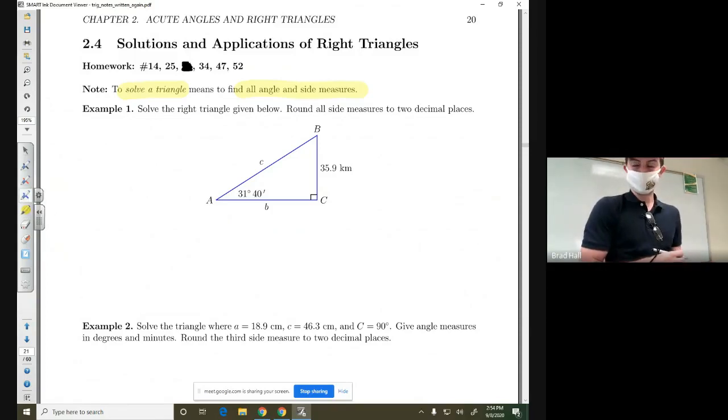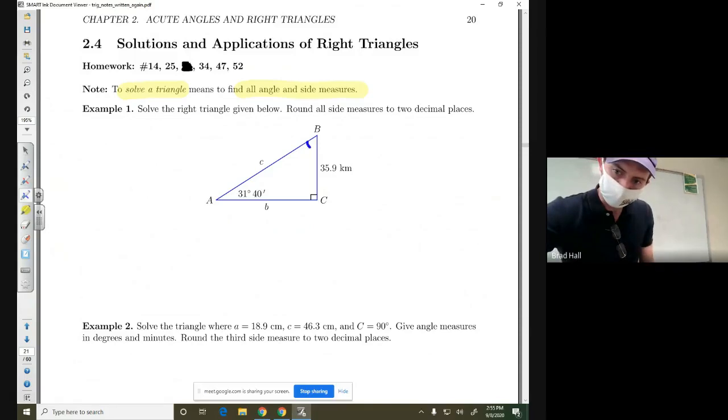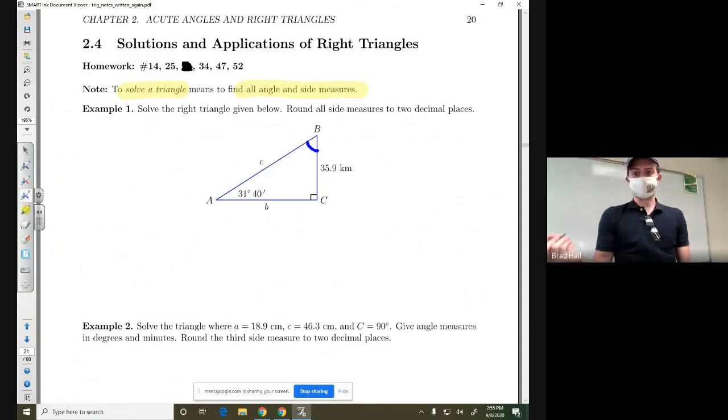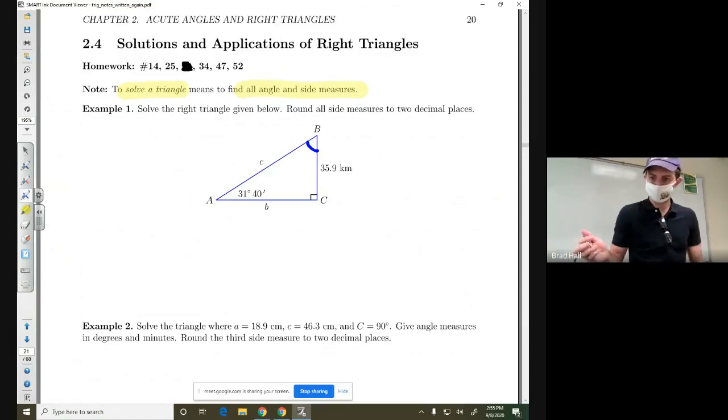Anyone want to at least say one of these that we can figure out really quickly? Angle B. We can figure out angle B pretty easily, I think.